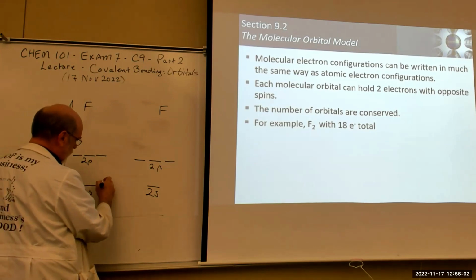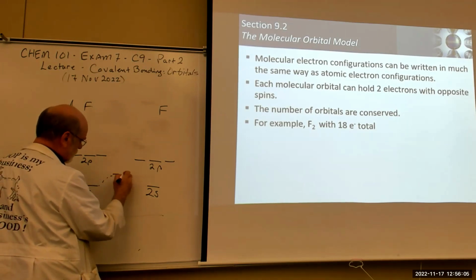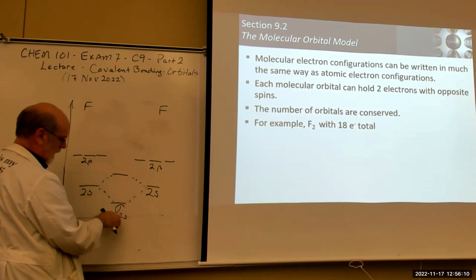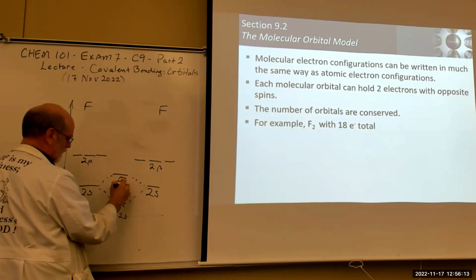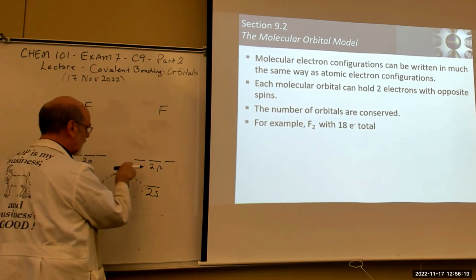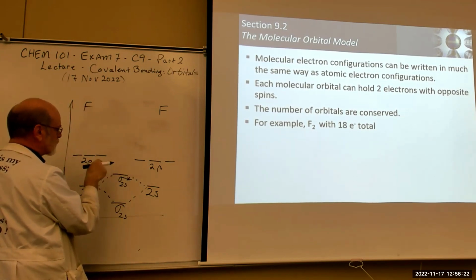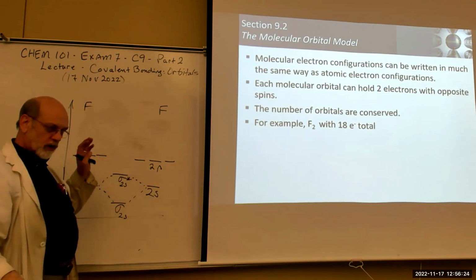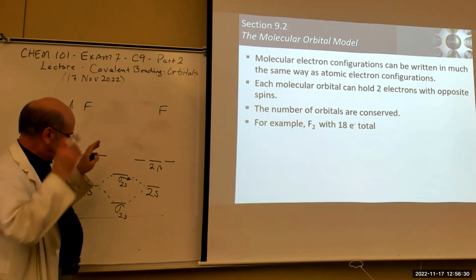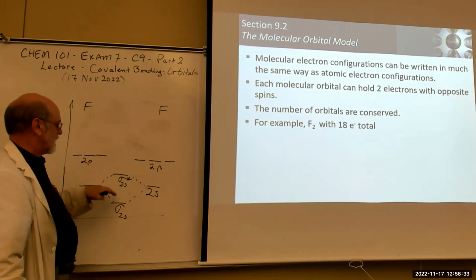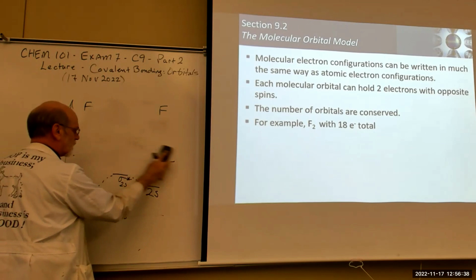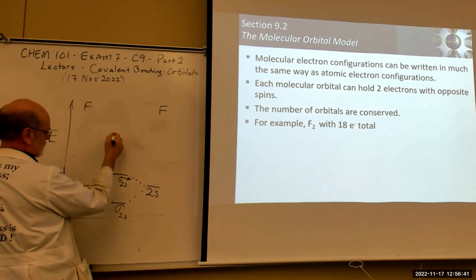So these 2 s's are going to produce a sigma derived from the 2s, and a sigma star derived from the 2s, antibond. And from the 2 p's, we're going to form a 2p sigma and a 2p star sigma. In fact, I should draw these up here a little higher to be more symmetrical, right here.